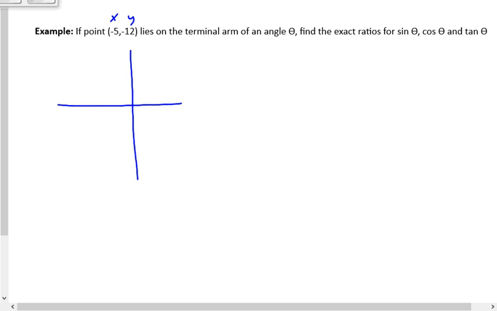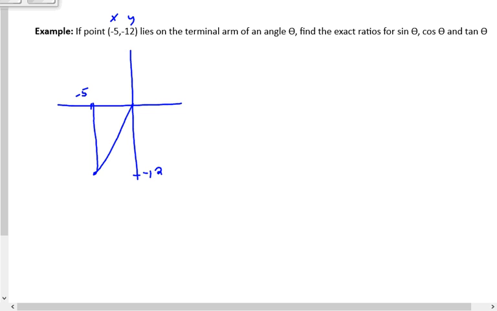So we're going to go down to -5 for x and -12 for y, and that's where our point is going to be. That lies on the terminal arm. Remember, the terminal arm extends from the origin. So we're just going to draw a triangle connecting that up to our x-axis.